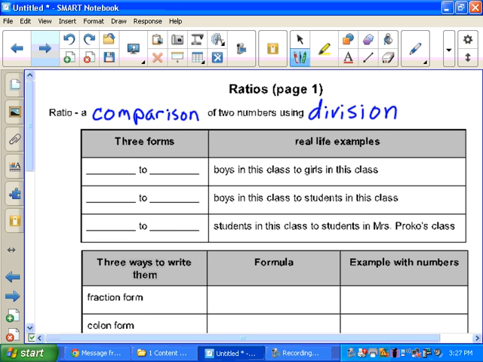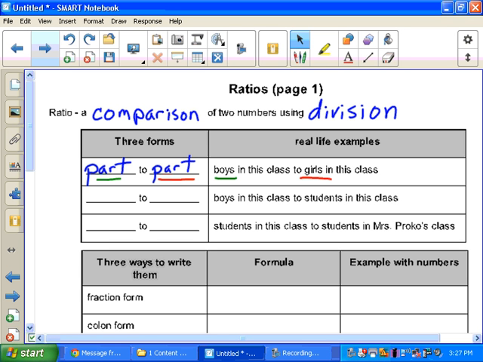There are three types of numbers that can be compared, three different comparisons or forms of ratios. The first one is called part to part. That is where you're comparing part of a group to another part of the same group. For example, we could compare the boys in this class being part to the girls in this class being another part.